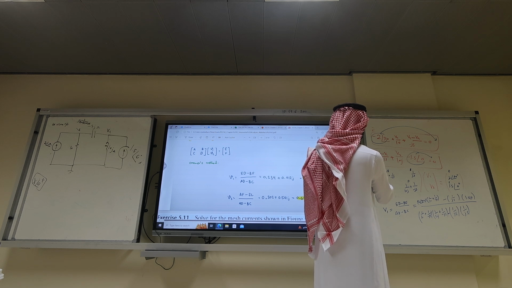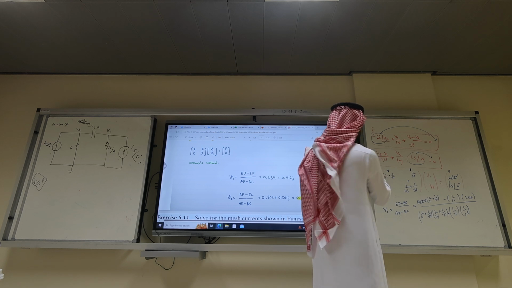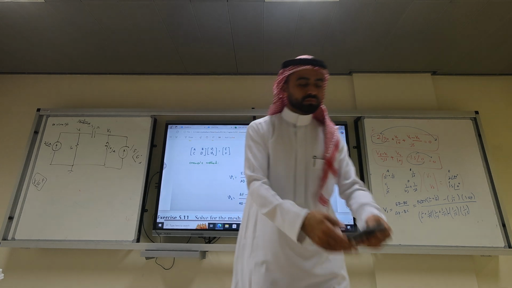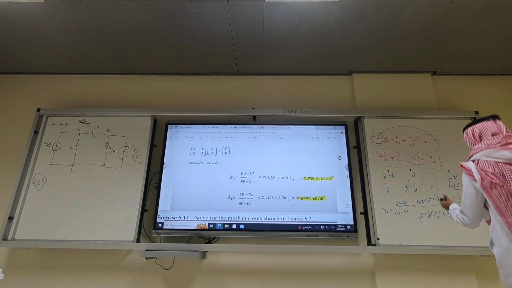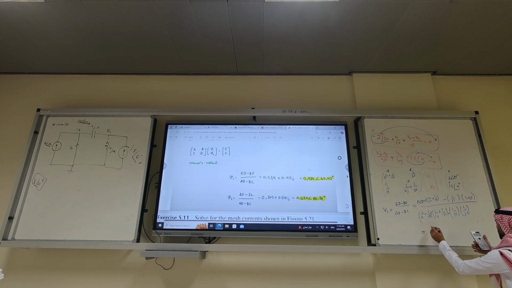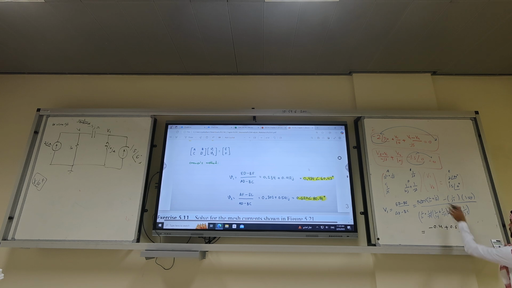It's hard. The numerator is going to be minus 0.4 plus 0.5j.